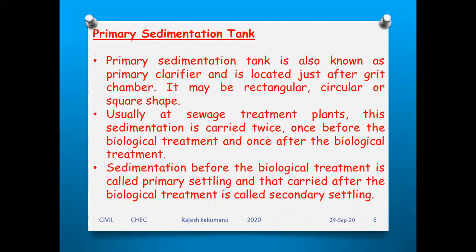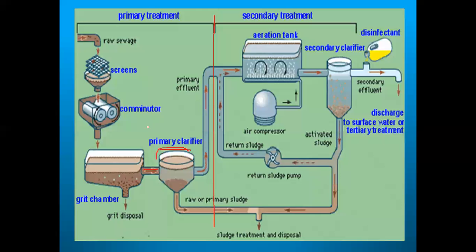Next, the primary sedimentation tank. It is also a tank, also known as the primary clarifier. If you see where the primary clarifier is located, this is the primary clarifier. In primary treatment, the raw sewage water comes from the pipe into the screens.